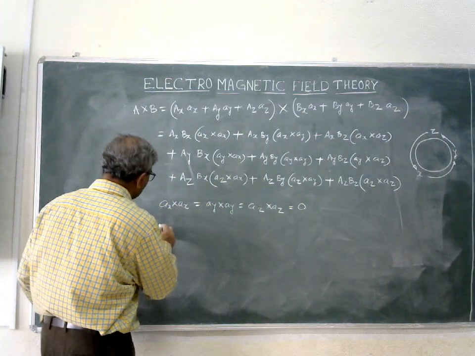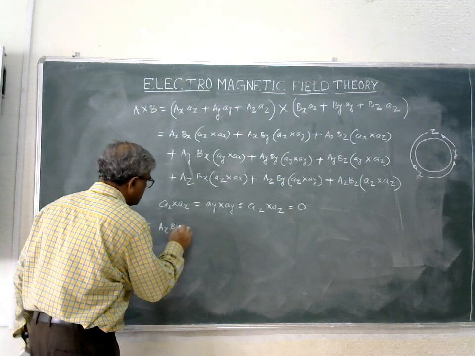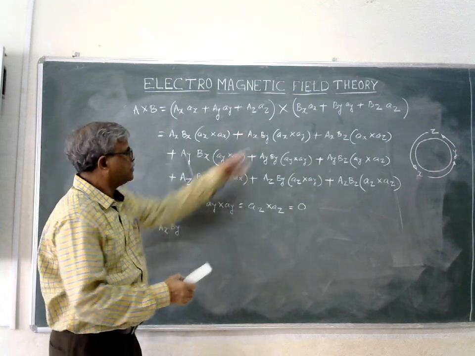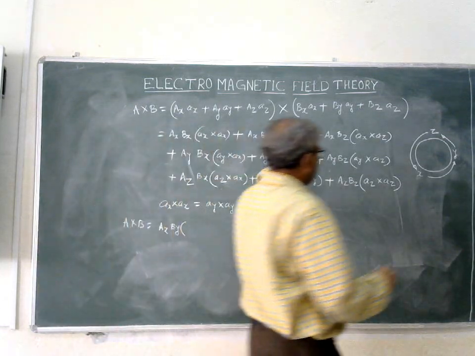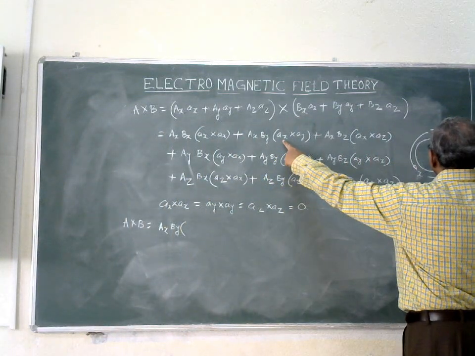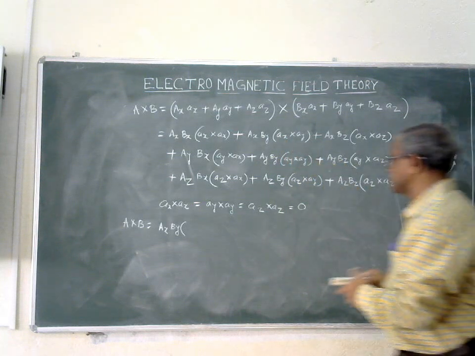So Ax By: X is rotated towards Y, so it is in the positive direction, so we get az.